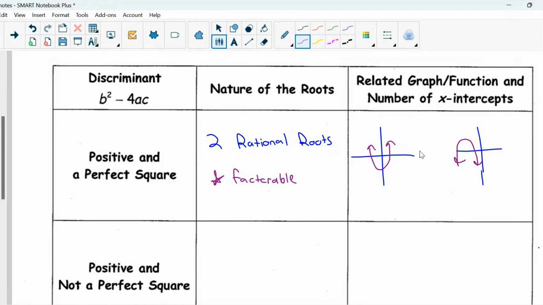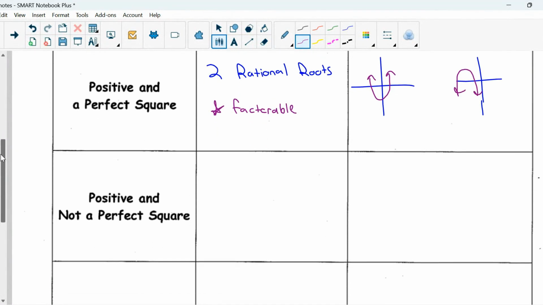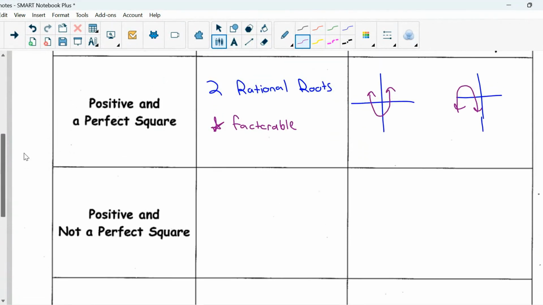Okay? The second situation, if your discriminant was positive and not a perfect square, then that means that you would have two irrational roots. Okay? Ultimately, this would mean that your quadratic is not factorable.